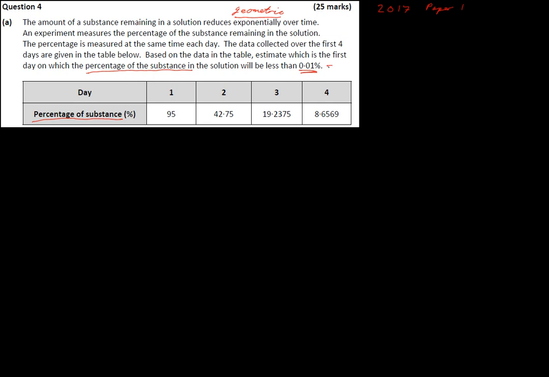So this is a Tn. I am looking for when Tn is less than 0.01. Sorry, that should be a colon, Tn being less than 0.01. This is the information I'm pulling out of my question.